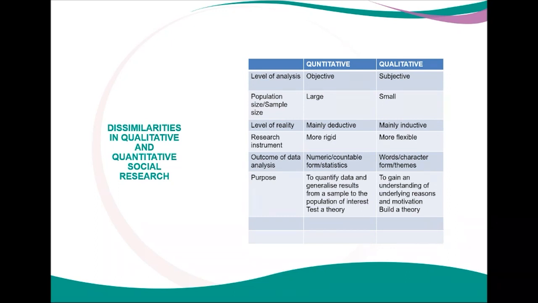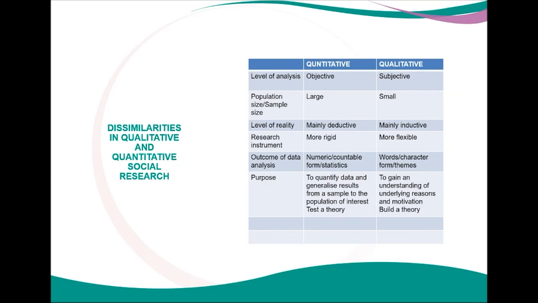You can decide, I was thinking I would only interview these people, but I also need to observe them in different contexts. So the qualitative researcher has that flexibility, whereas the quantitative researcher is more rigid in terms of their research instrument.